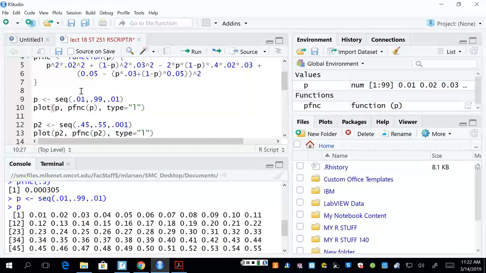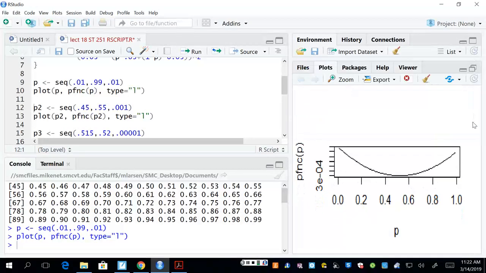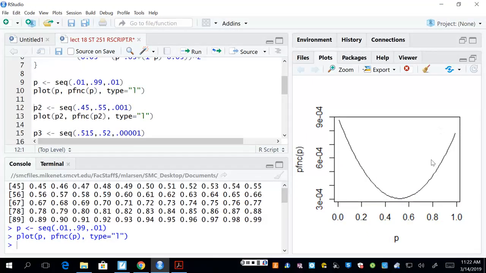If I plot p versus the function at that value and connect it with a line, that's the L there, it gives me a plot of my function that trades off the difference from 0.5, the difference from the average I would get taking the best guy, versus the variance. It looks like the minimum is pretty close to 0.5, but it might not be exact. Eyeballing it, it looks like somewhere between 0.45 and 0.55.